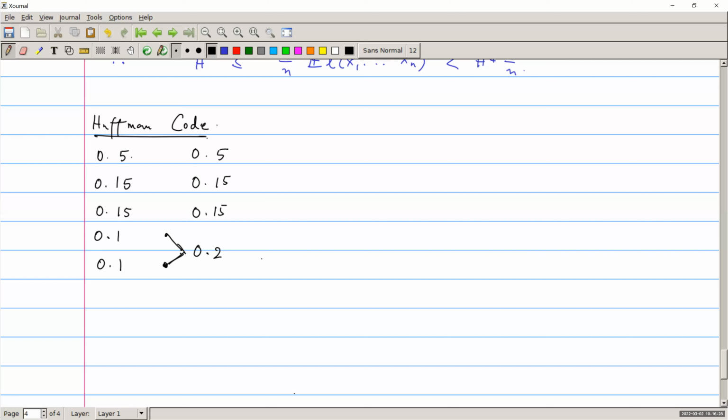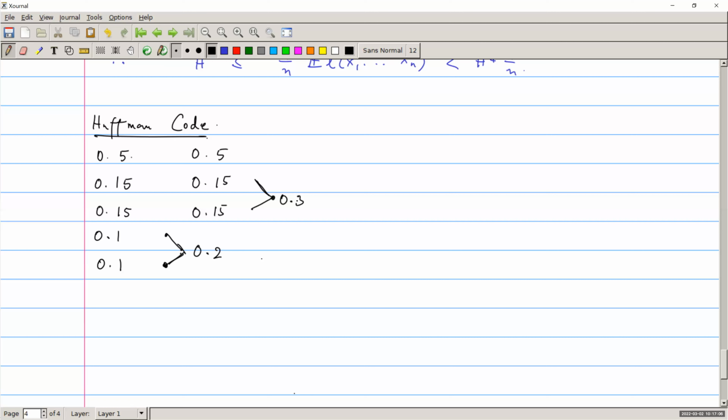In the next step, you do exactly the same thing. We need to sort them again. Now you join these two into a node. 0.15 are the two smallest probabilities now, so join them into a node, and this is 0.3.